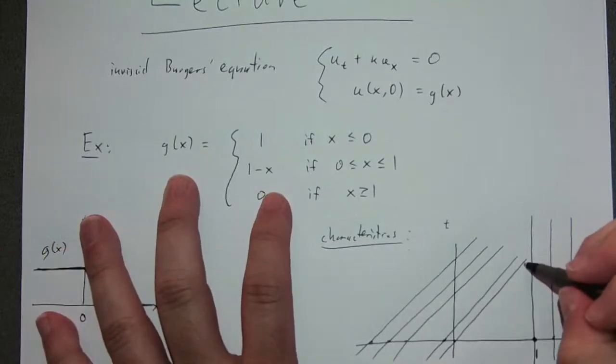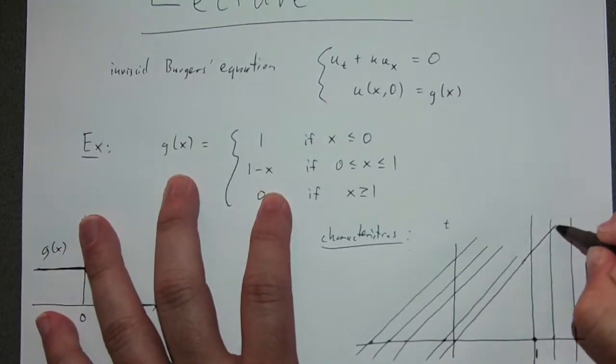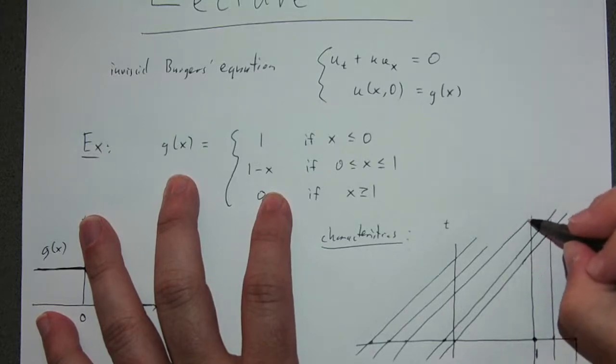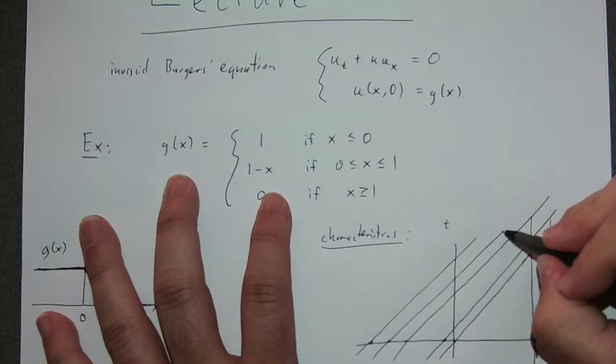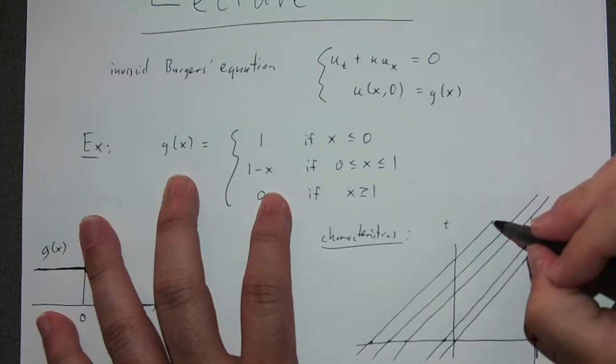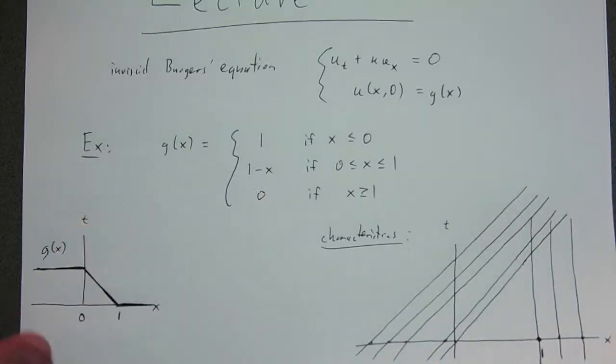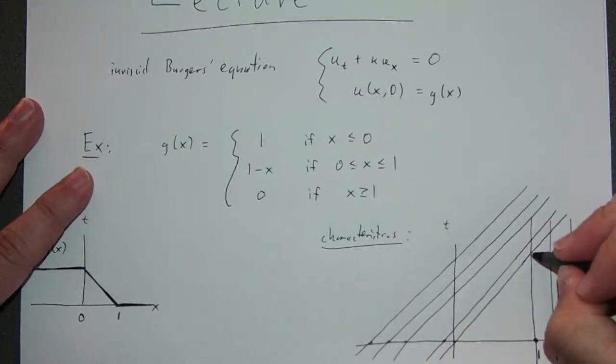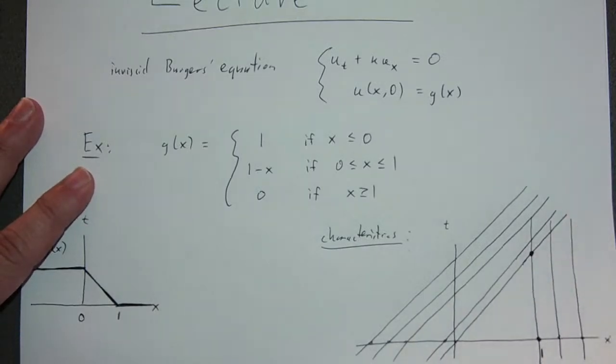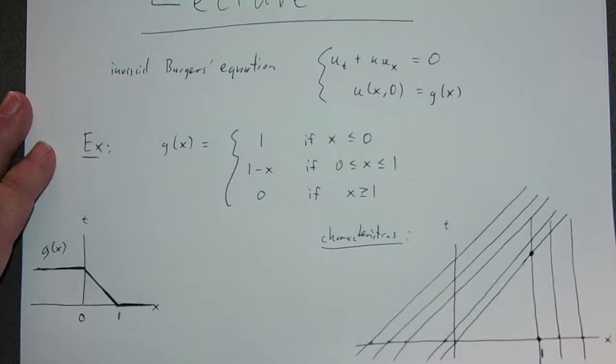If I extend these lines a little bit, of course, we see that the characteristics start colliding. Okay, so for instance, here the characteristics collide, right?